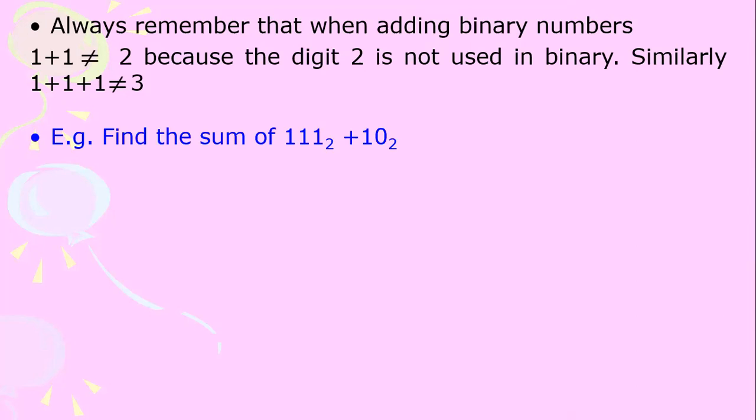Let's see an example. If you are told to find the sum of 1, 1, 1 in binary plus 1, 0 in binary, what do you get? My dear students and the rest of the learners, note that we don't read this number as one hundred and one. No, this is binary.